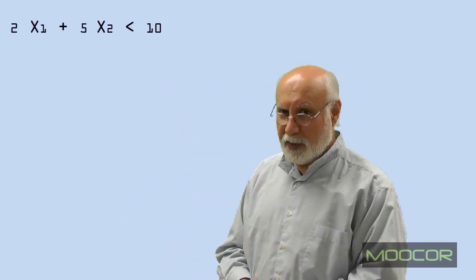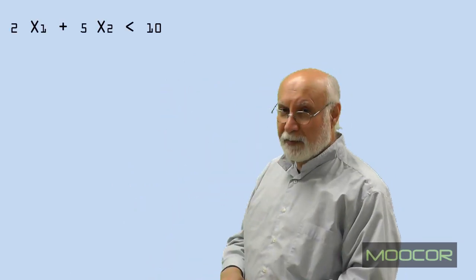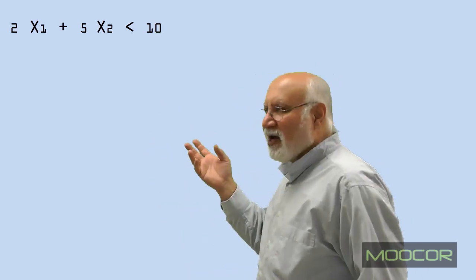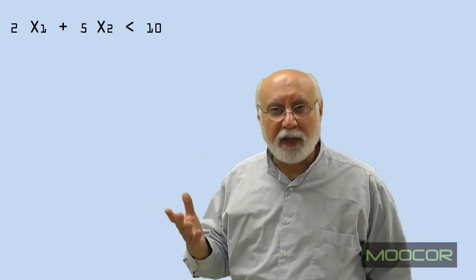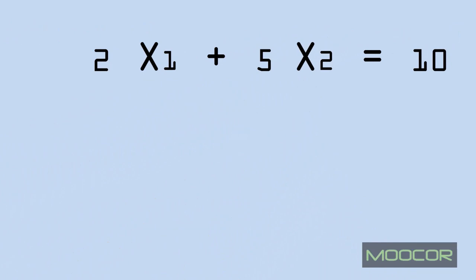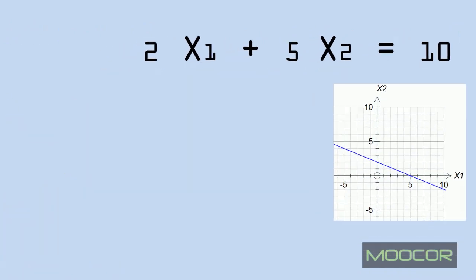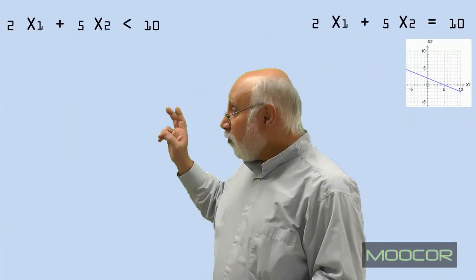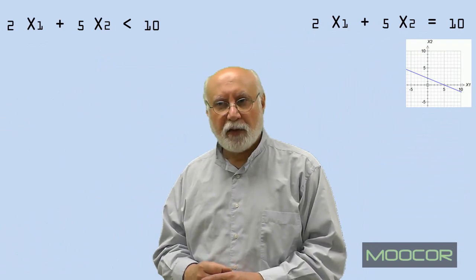Take a look at this problem that I have here. In this problem, I do not have an equation. Rather, I have an inequality. Now, in the equation that I had here, the solution was on the line. What about this case?